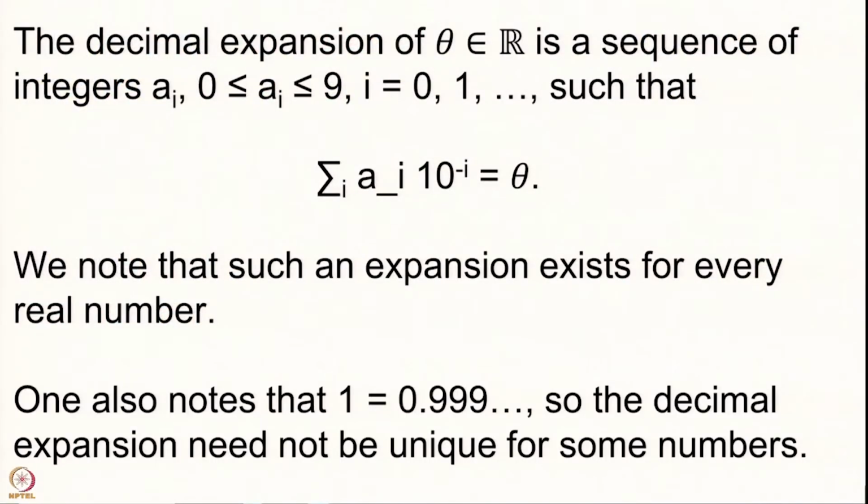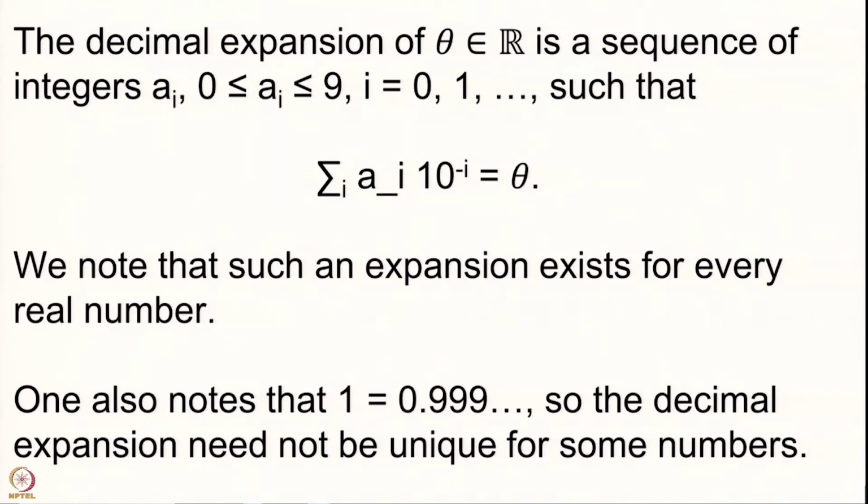We of course will take it for granted that such an expansion exists for every real number, but note that we do not always have uniqueness of these decimal expansions. There is this instance where 1 is equal to 0.9999 and so on.